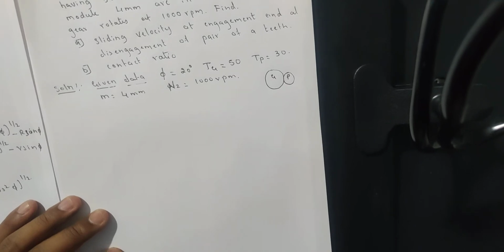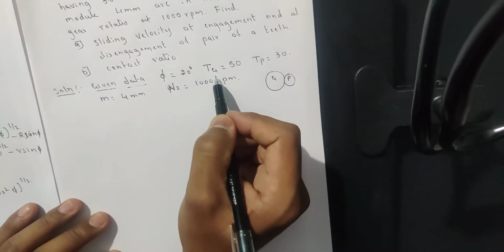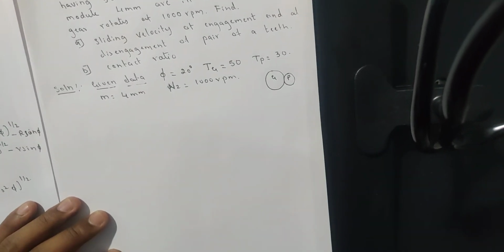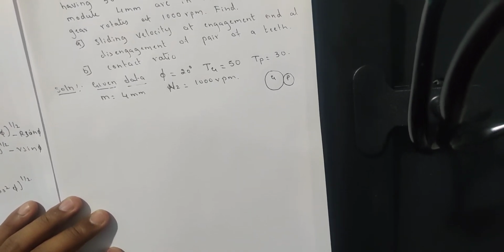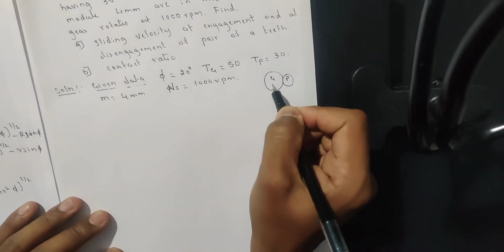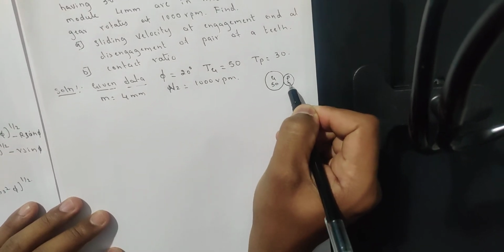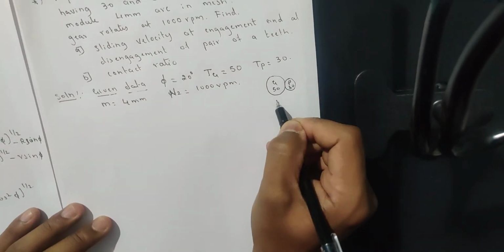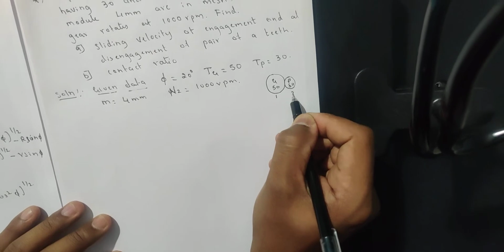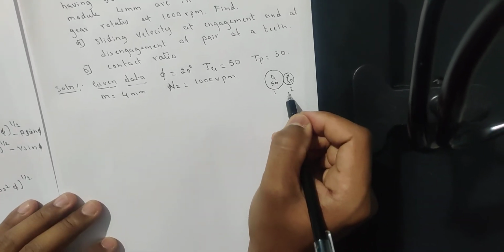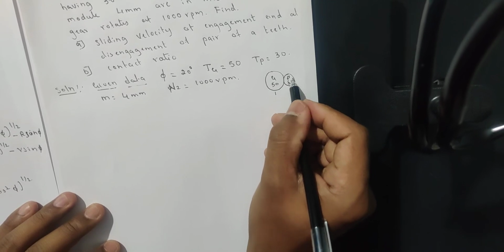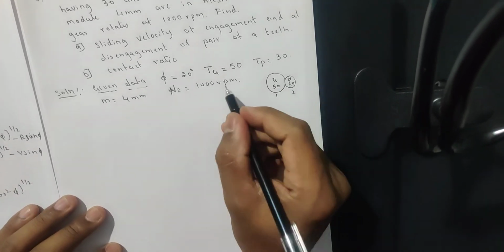They have given the number of teeth on gear 1 and number of teeth on gear 2. So gear 1 is 50 here and this is 30. If I consider this as the first gear and this as the second gear, or vice versa, however you want. So this is rotating at 100 rpm.